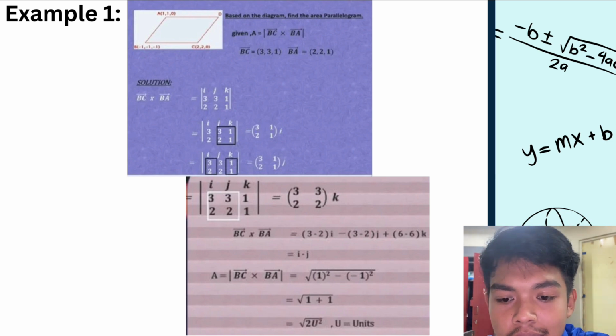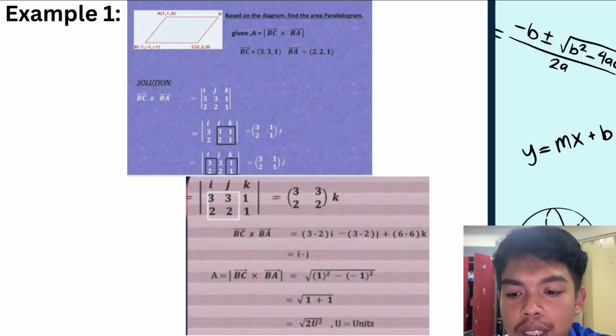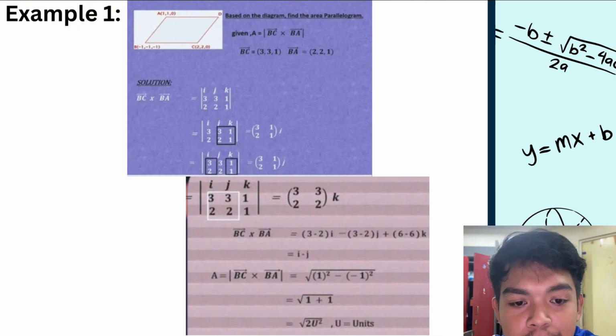And then k, the way is the same as i, only we look at the value of i and j, just using the minor.